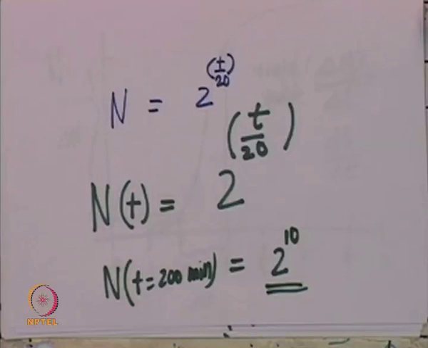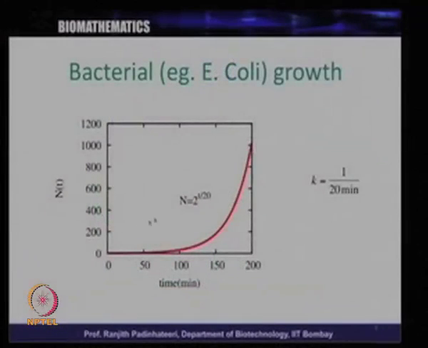What we get is this kind of function, with n on the y axis and time on the x axis. After 200 minutes, you have more than 1000 bacteria. You can calculate yourself what 2 power 10 is; it has to be some number about 1000.